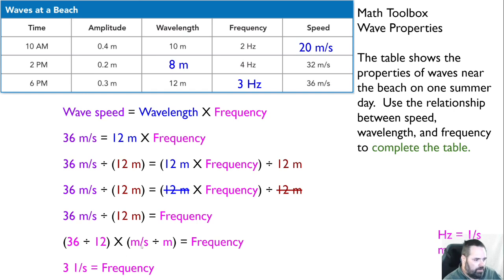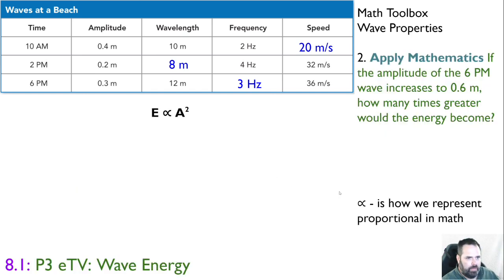If we take meters per second and we divide by meters, the meters divided by meters are going to cross out, so you get 1 over s. So you end up with 3 per second, right? Or 3 hertz. So its frequency is 3 hertz. So we write down 3 hertz up here.